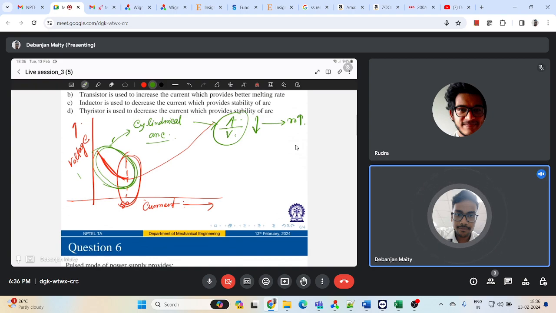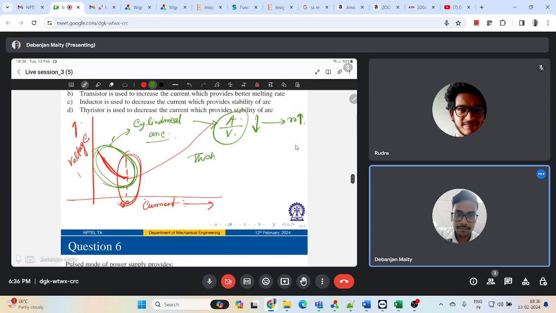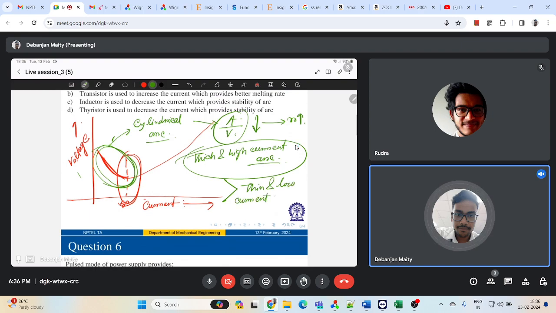So a thick and high current arc, in terms of burning, will lose less heat and will be more conductive compared with a thin and low current arc, right?